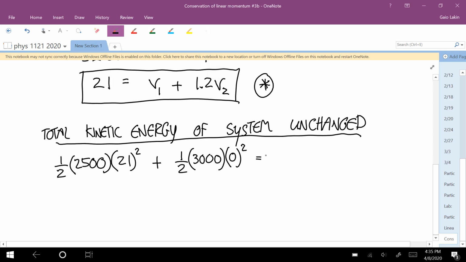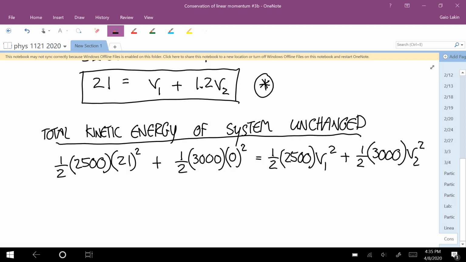And that's equal to 1/2 of 2500 V1 squared plus 1/2 of 3000 V2 squared. Okay, and I'm going to simplify this. Let's see, I can get rid of the halves, divide everything by 1/2, and then divide everything by 2500.